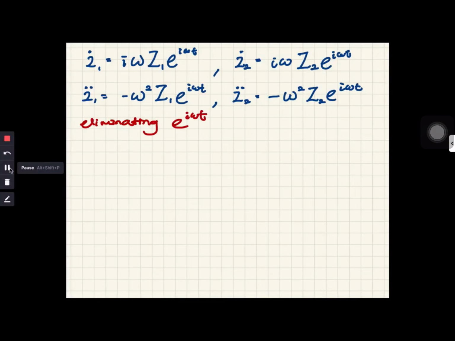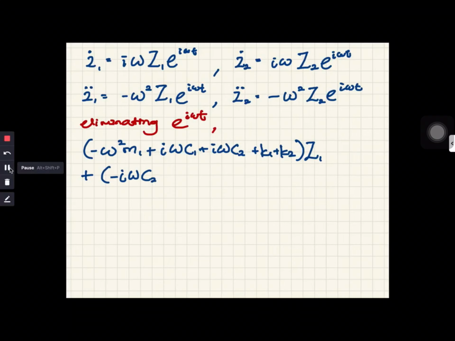Eliminating the exponential term, what we will have for the first one is negative omega squared m1 plus i omega c1 plus i omega c2 plus k1 plus k2. This is capital Z1. I continue down here, plus negative i omega c2 minus k2 times Z2 is equal to F.